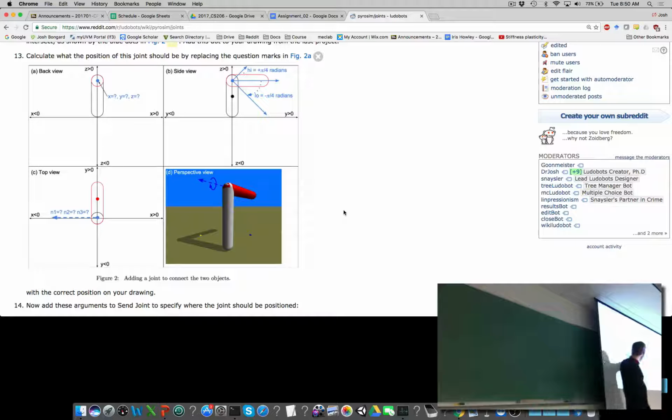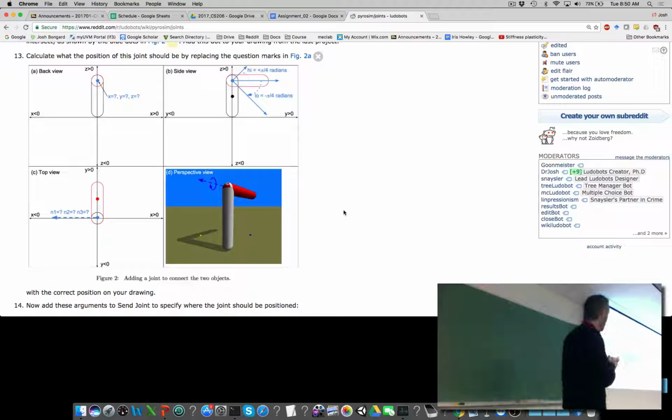When this cylinder comes to rest on the ground, gravity is pulling down, so PyroSim is applying a force pulling that cylinder down. But the collision detection part of PyroSim is detecting the collision between these two objects and is applying a force pushing them apart, which in this case is pushing the cylinder up. So those two forces cancel out, and our cylinder stays stationary on the ground.